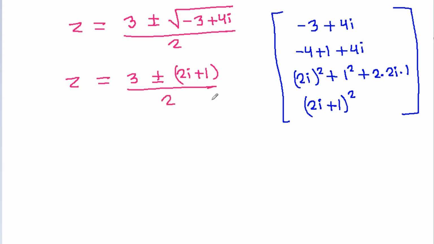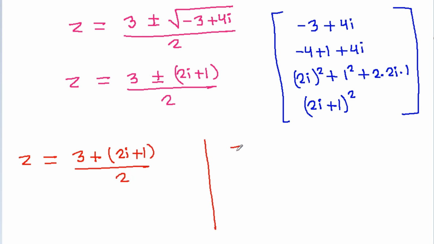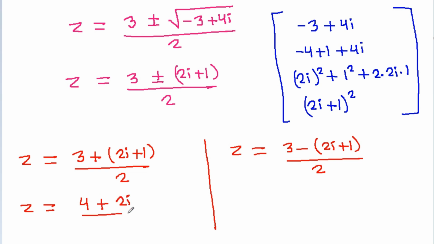So we get z is equal to (3 plus 2 iota plus 1) by 2 and z is equal to (3 minus 2 iota minus 1) by 2. Here z is equal to 3 plus 1 is 4 plus 2 iota, by 2.